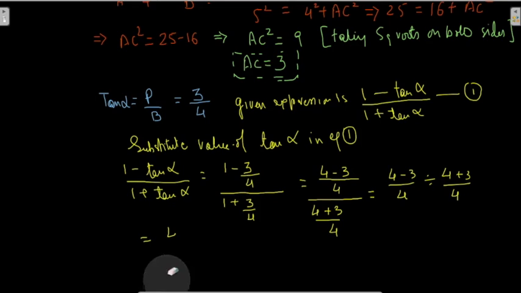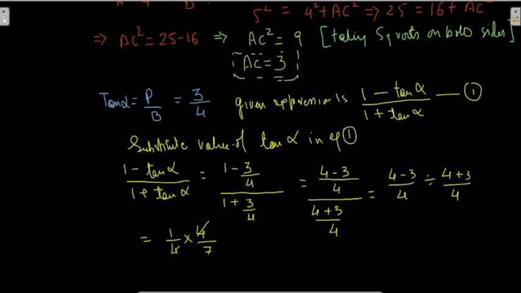And this equals 4 minus 3, which is what? It is 1 divided by 4, into 4. Since we are changing the division to multiplication, we have just taken the reciprocal of this part, and what is 4 plus 3? 7.